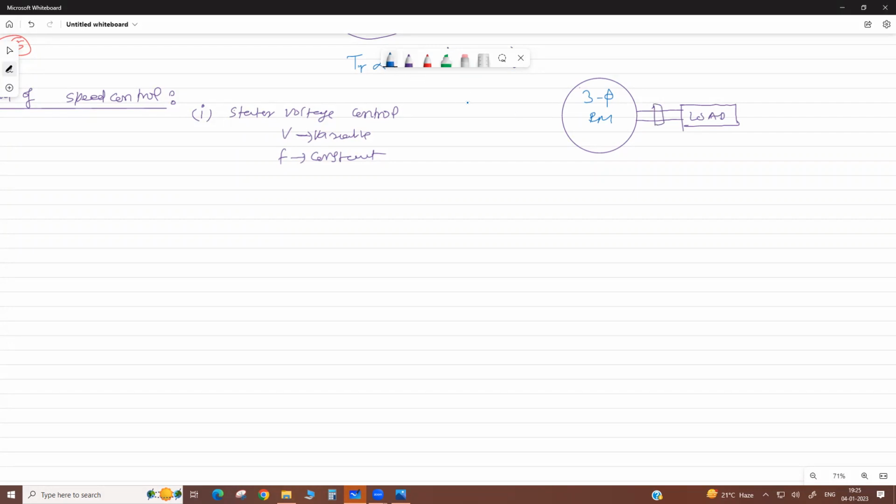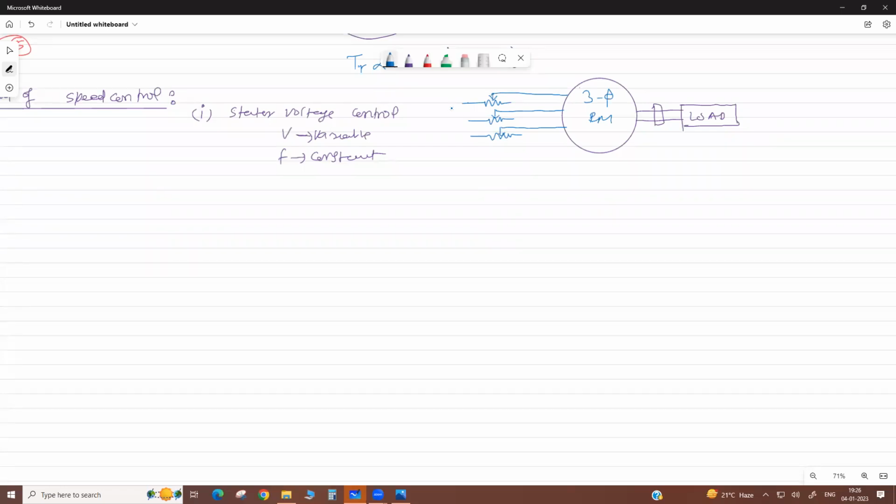So now either you have a primary resistance here in series with the stator, or an auto transformer. Then we apply this reduced voltage.